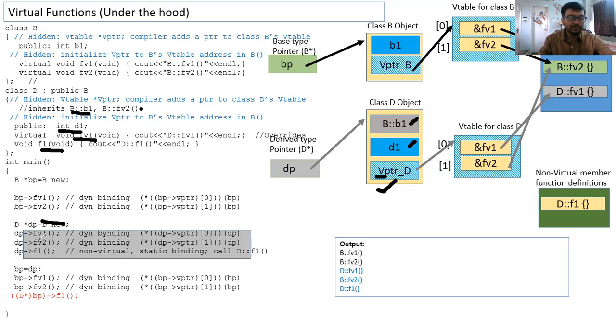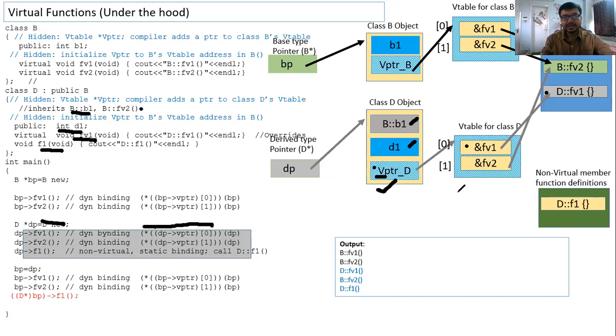Once this is done, if I call dp fv1, dp fv2, dp f1, then dp fv1 will be translated to this address. In that case, dp arrow vptr, that means you are here, then 0, that means you are here, then asterisk, that means you are getting access to the function, and asterisk of this means you are trying to invoke or execute the function.